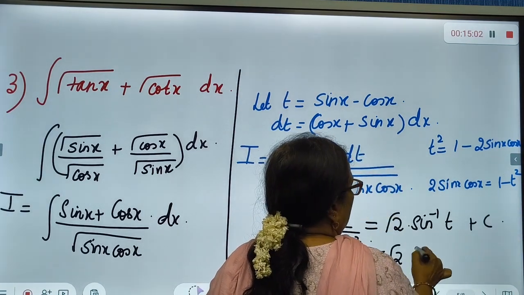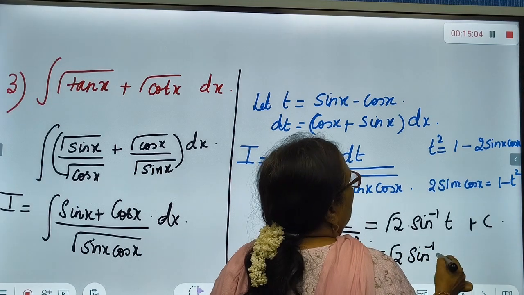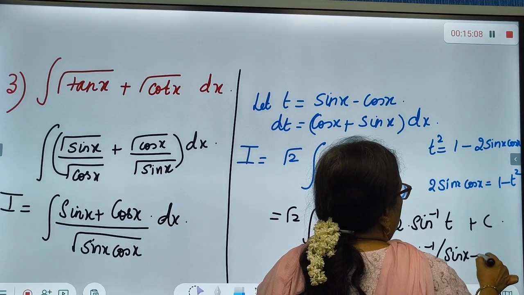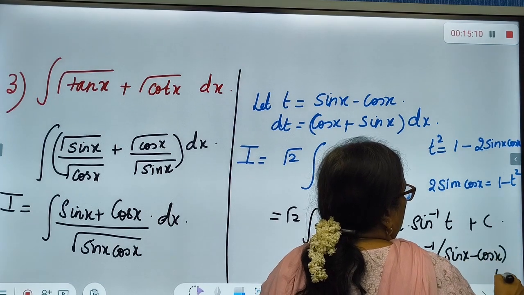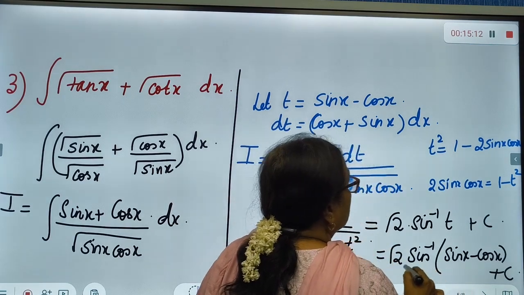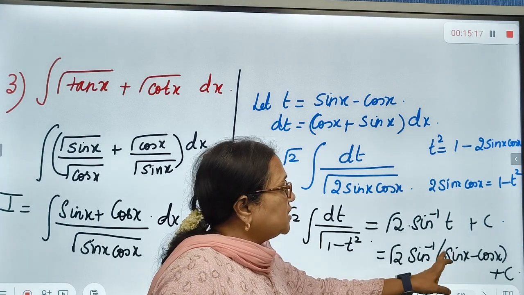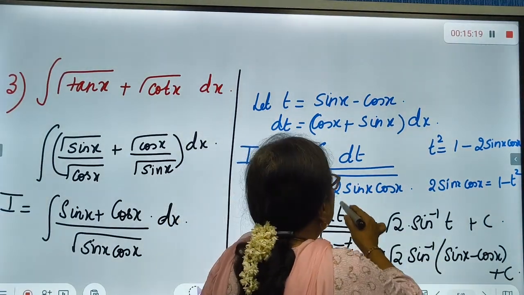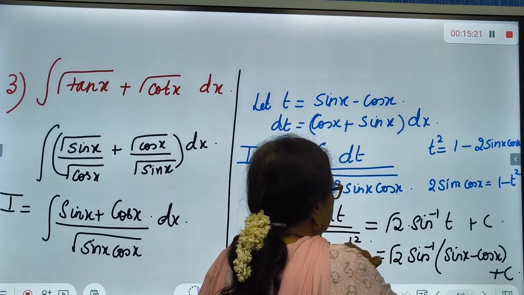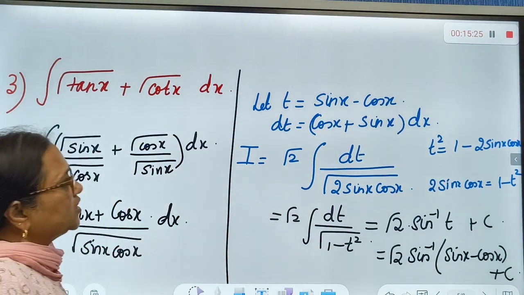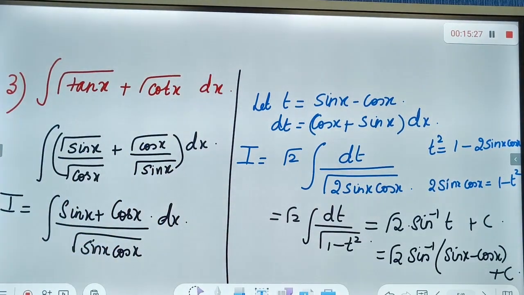This is root 2 into sin inverse, what is t? Sin x minus cos x. See, this is of the form sin inverse x by a. Here a square is 1, so a is 1. So root 2 sin inverse of sin x minus cos x plus c.